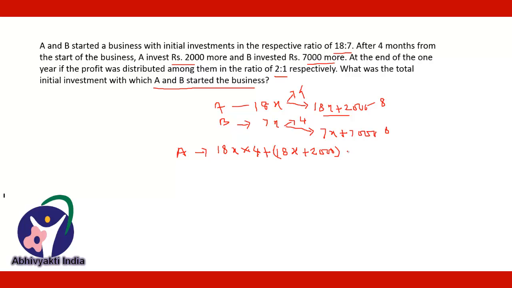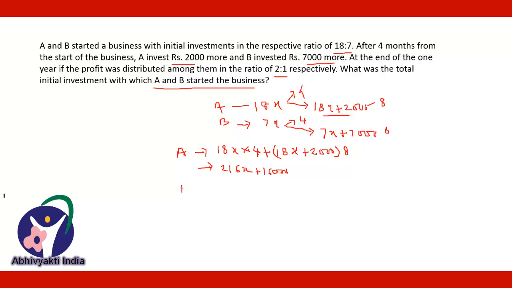So this will be his total investment, and if you solve this you get 216x plus 16,000. This will be the investment by A.